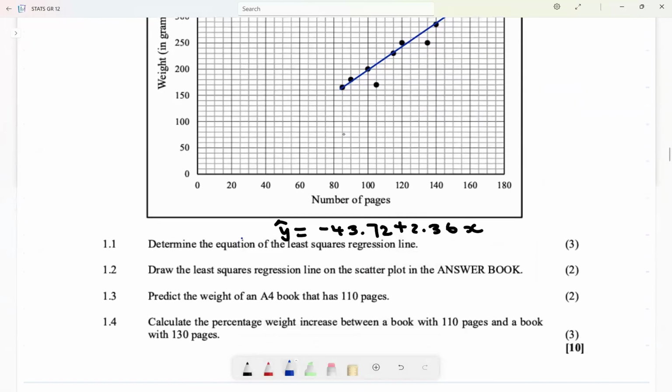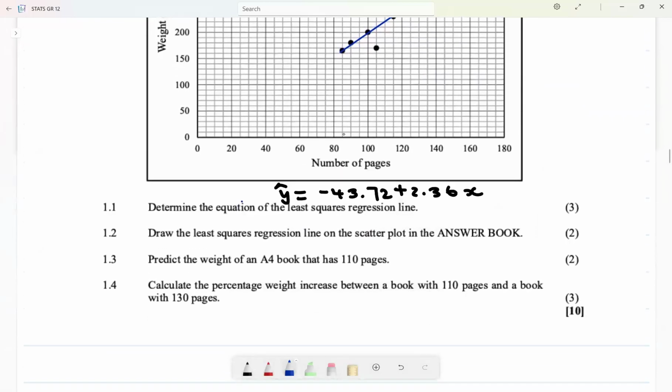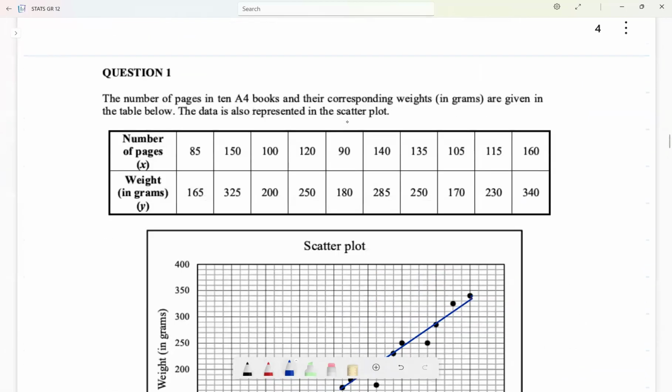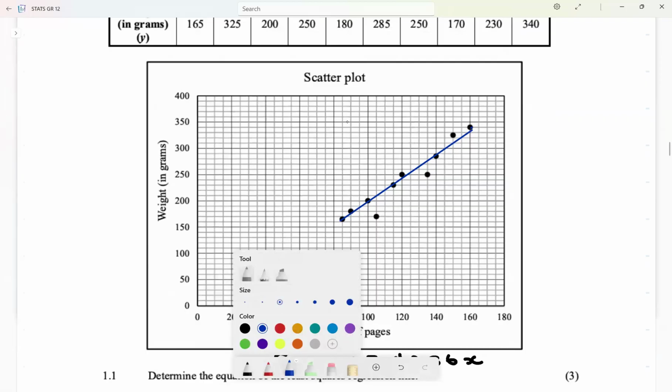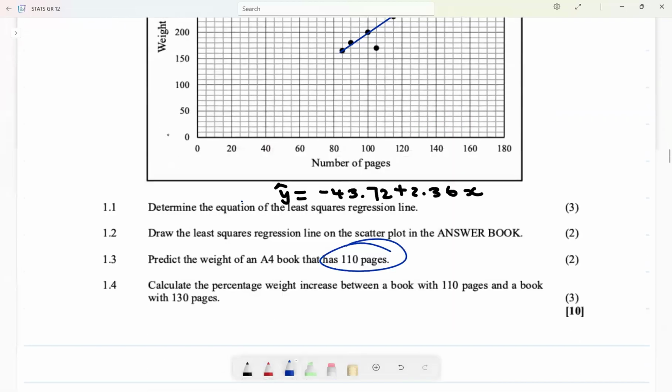Then they say predict the weight of an A4 book that has 110 pages. So 110 pages is the x. I'm going to use my equation here to predict the weight.